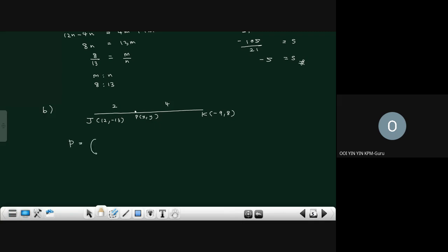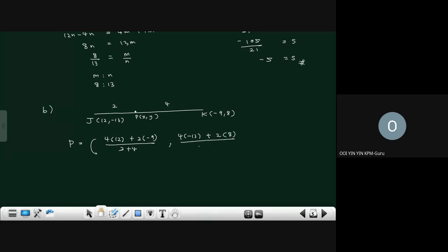As usual, since we already know the ratio, it's 4 times your x1, 12, and then plus 2 times your x2, negative 9. And then over 2 plus 4. Then here is your ratio for y1, negative 13, plus 2 times your y2, which is 8.